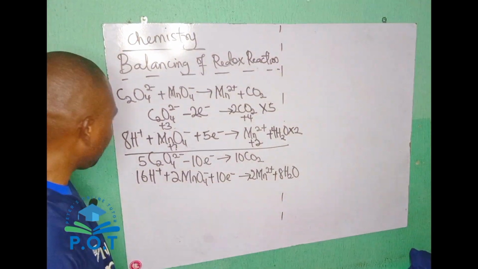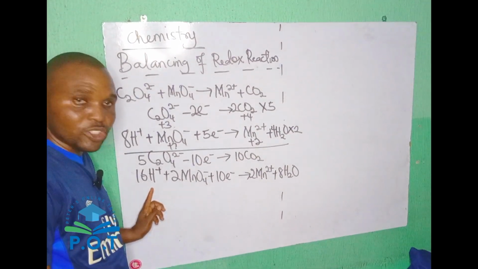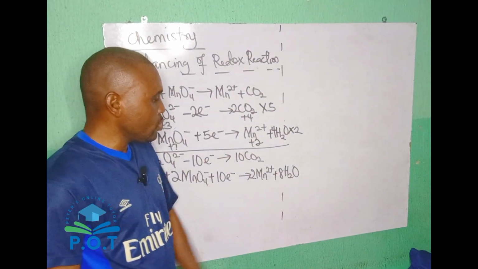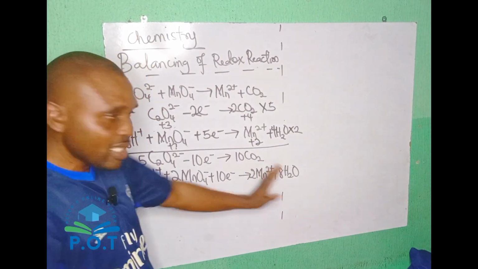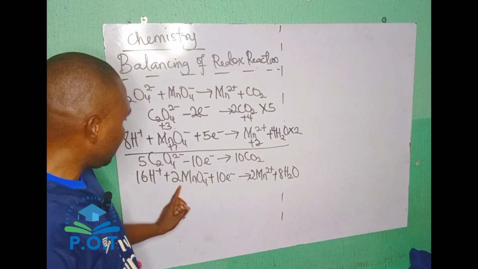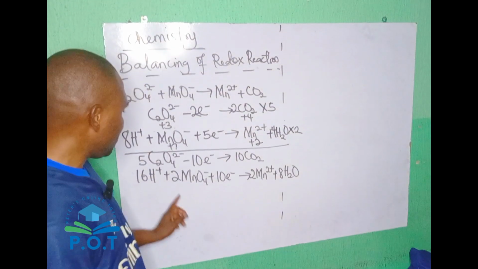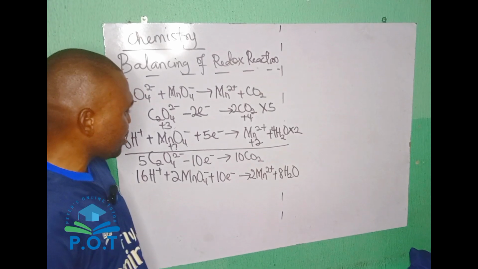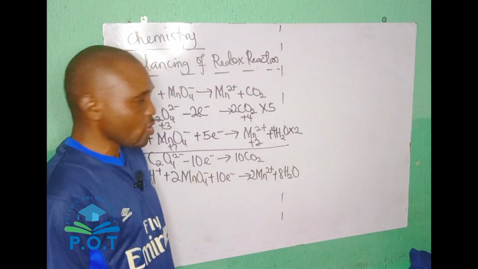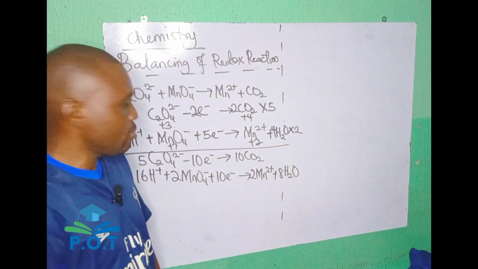Right, so let's check also. Now, this is 16 hydrogen. 8 times 2 is 16. So hydrogen is balanced on both sides. Let's check manganese. This is 2 manganese, 2 manganese. Manganese is balanced. Let's check for oxygen. 2 times 4 is 8. This is 8 oxygen. Oxygen is balanced on both sides.